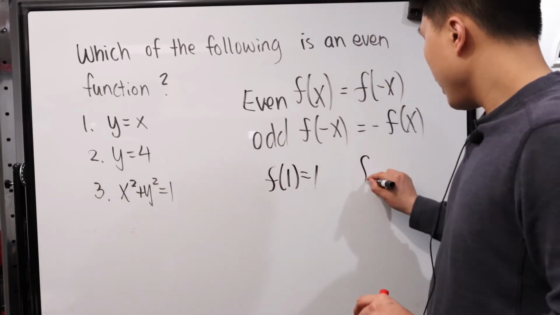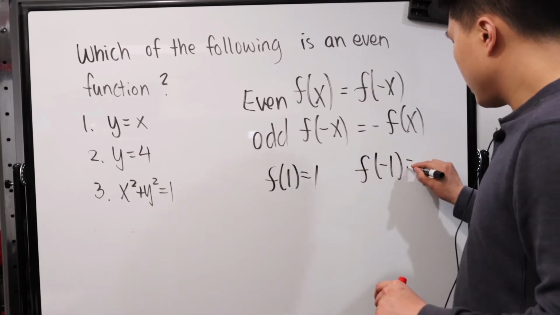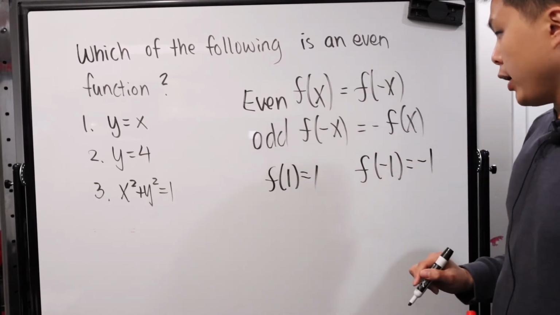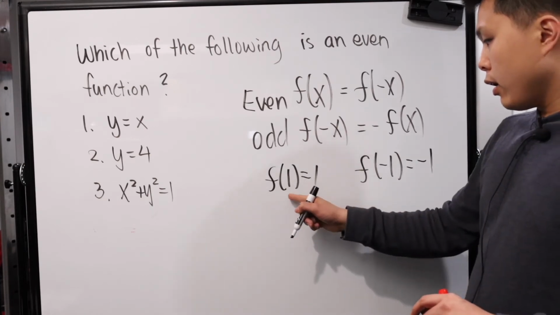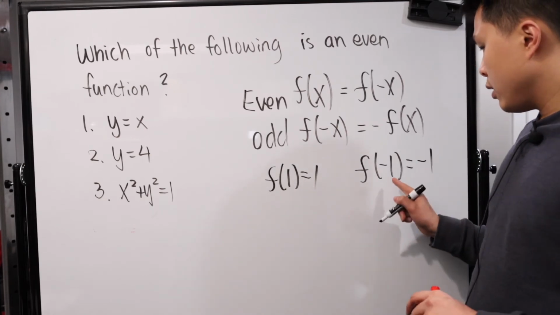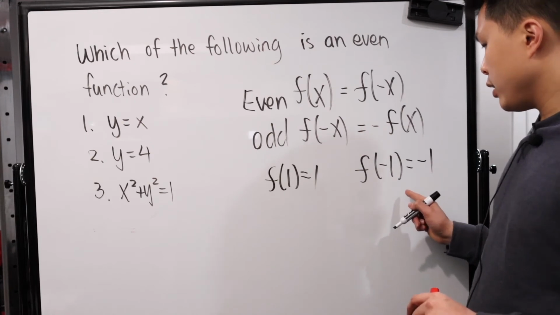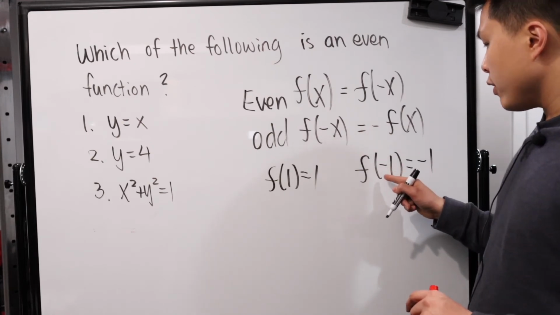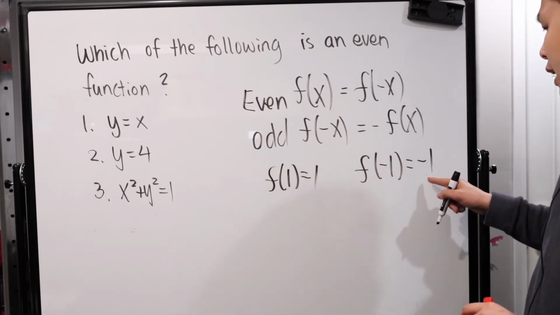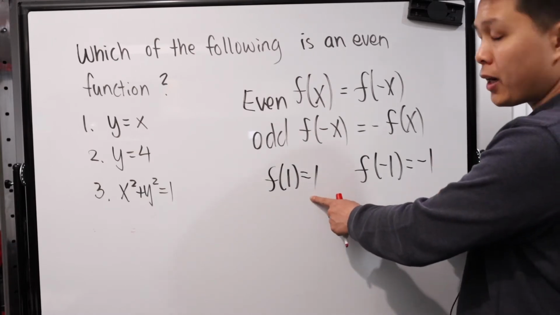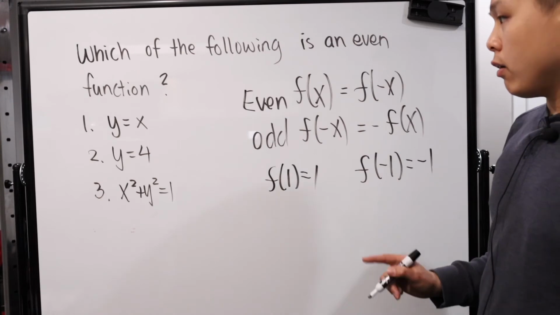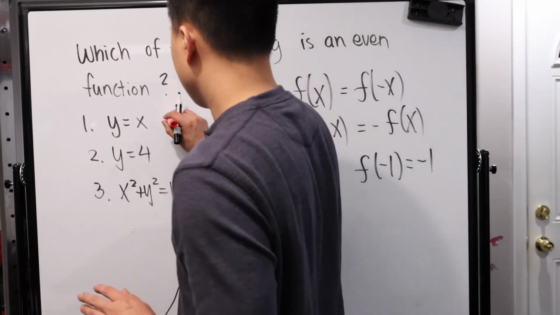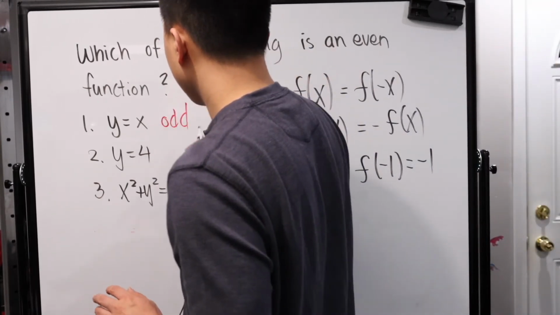If I put in f of negative 1, I get negative 1. So is this odd or even? That's quite simple. Positive version is positive, negative version is negative. This negative input resulting in a negative output, compared to the positive version, is what makes something an odd function. So this is odd, which is not what we want because we're only looking for an even function.